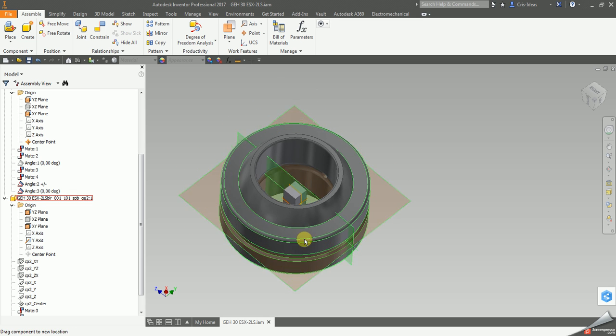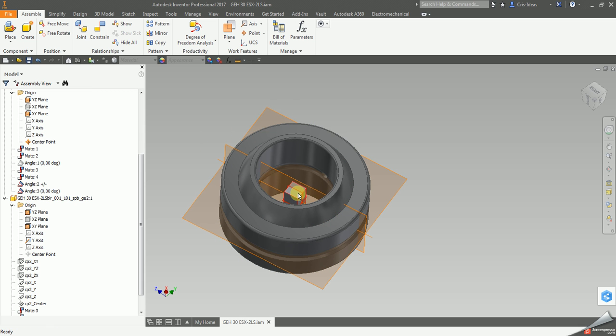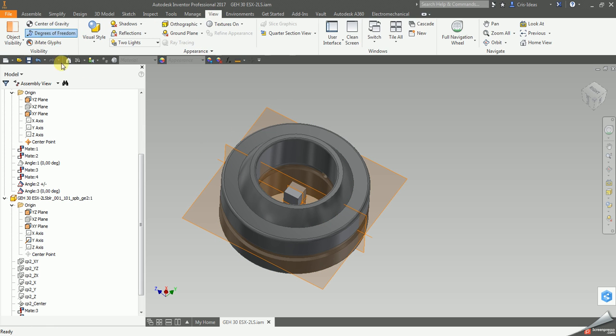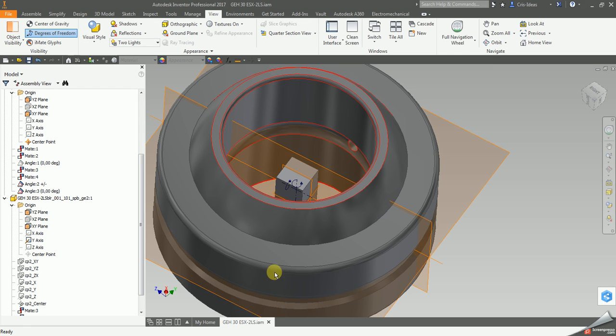And now, as you can see, it is only allowed to go around, so it has one single rotation degree of freedom. But if we use Inventor to tell us degrees of freedom of the component, it shows us also that the outer ring can tilt about the axis, the y-axis of the cube.